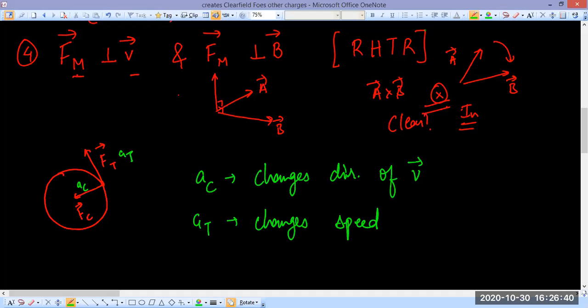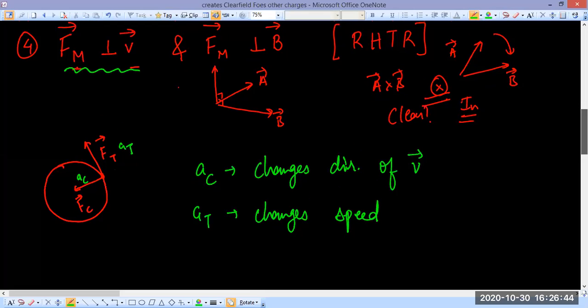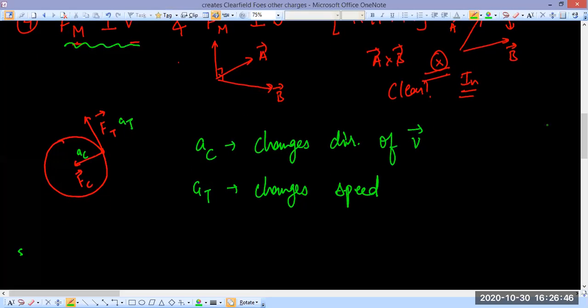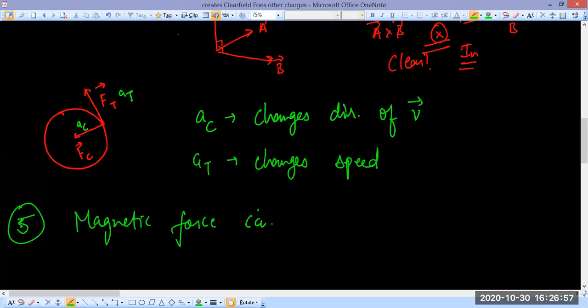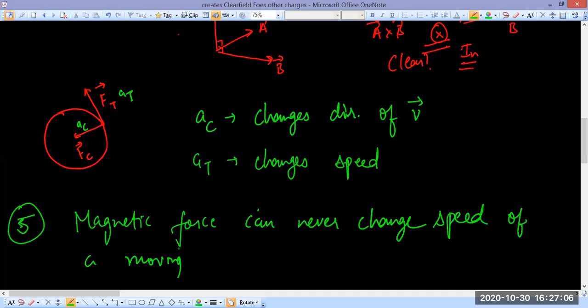Based on what we have discussed so far, I hope all of you realize that this is quite simple and clear based on 11th standard. Magnetic force can never change the speed of a moving particle. Why?